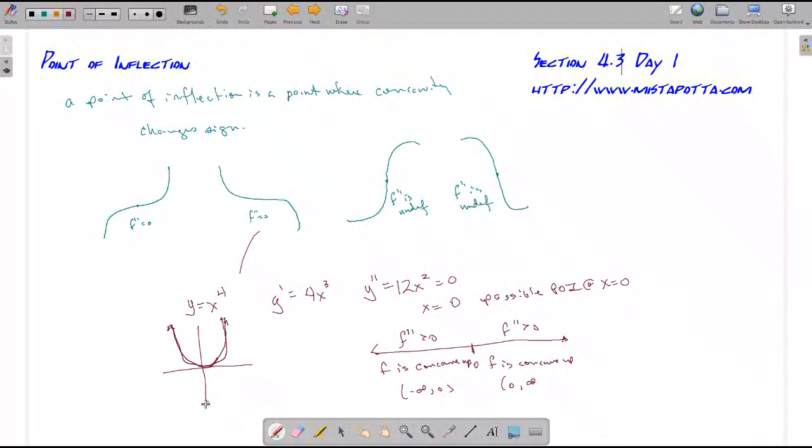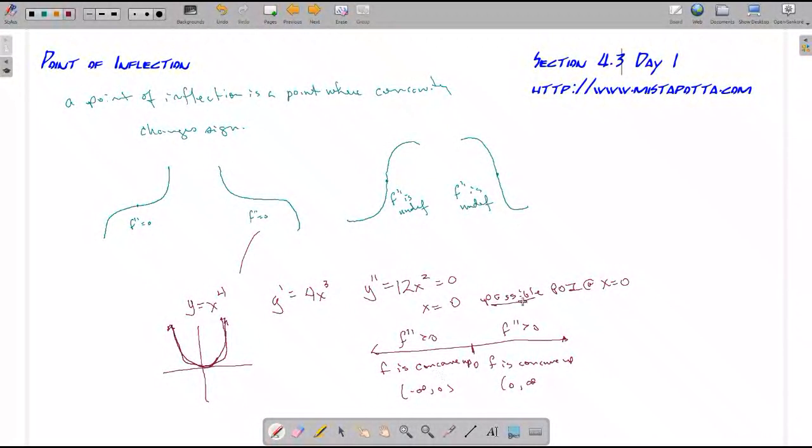I'm always opening upwards, even at this point where my second derivative is 0. So the thing is, just because the second derivative is equal to 0, that doesn't mean that we're going to have a point of inflection.